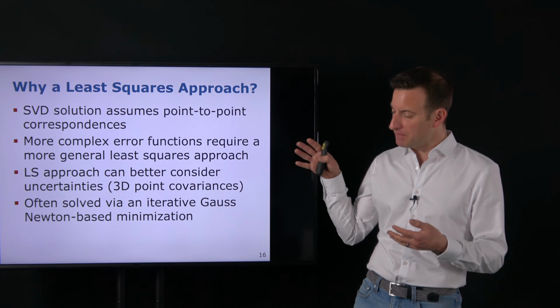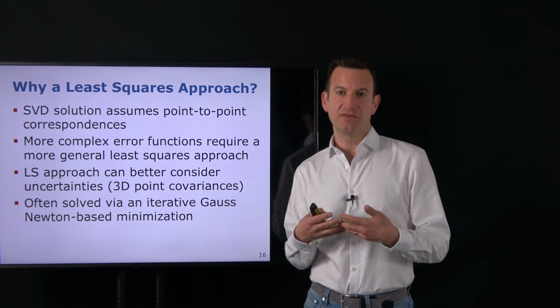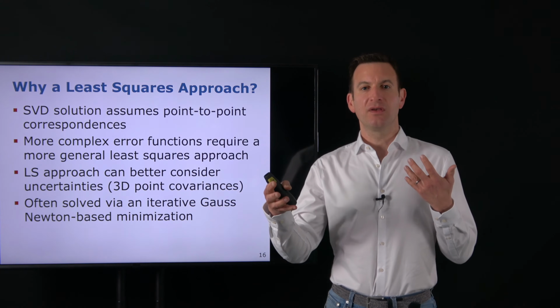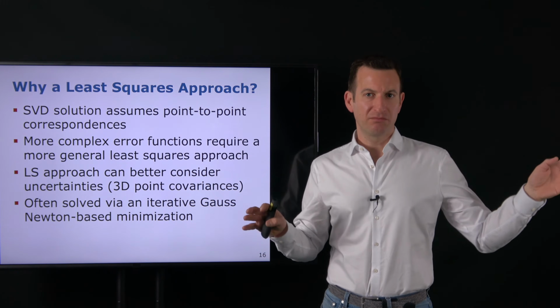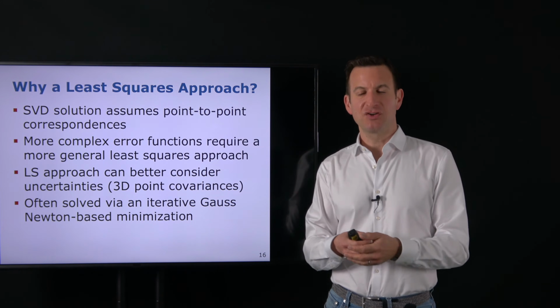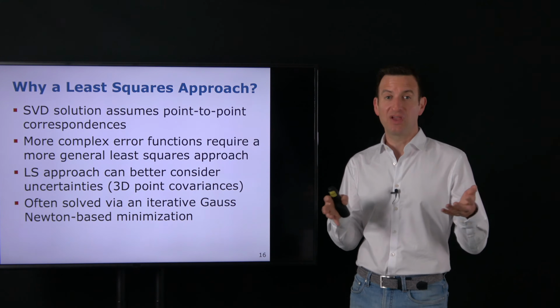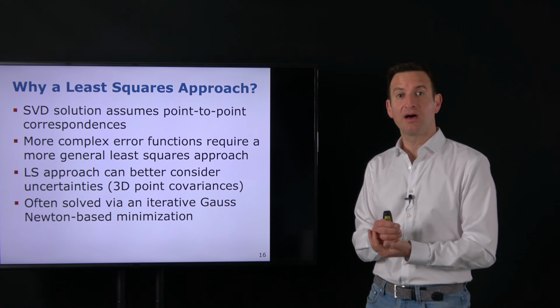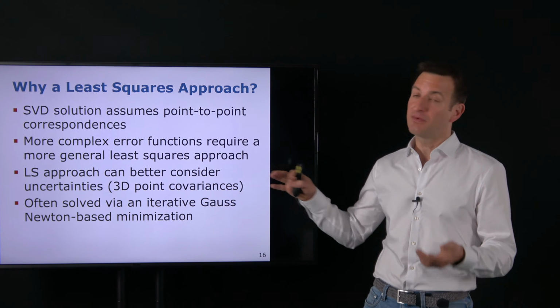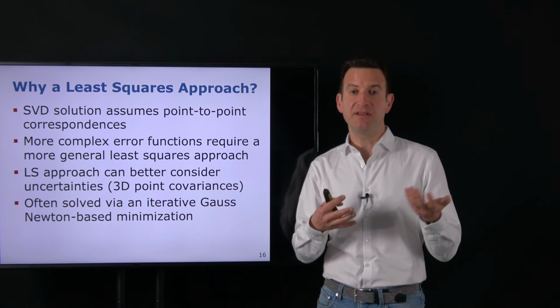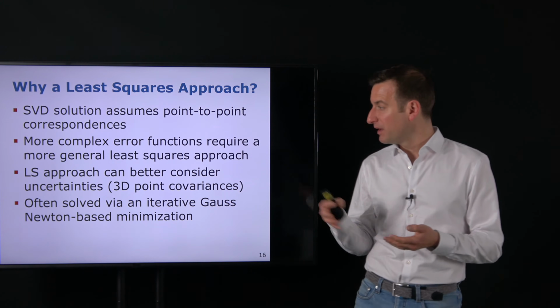So you can better take into account uncertainties. If you know that points have certain, let's say, more complex shapes than just a single weight for your correspondence, you may take that into account in the least squares approach. This information is often hard to get, but if you have it, you could exploit it better in a setup like this.